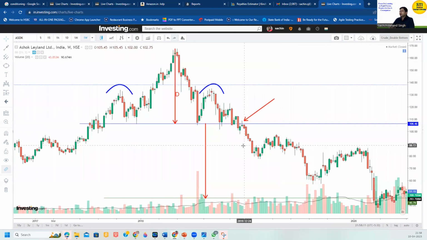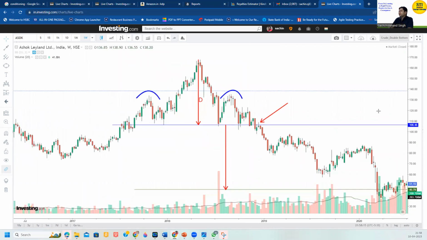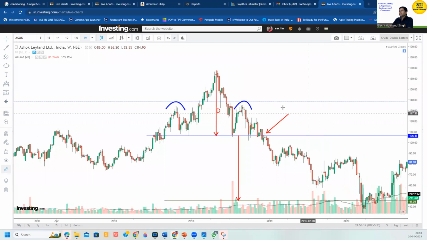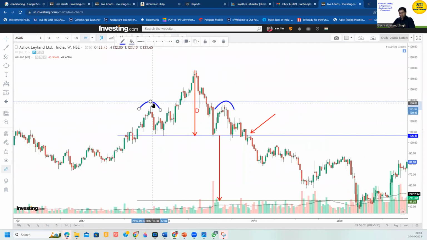I think we have largely covered this point, and I will just repeat myself once again. In a head and shoulder pattern, there will be the topmost point of the chart, which makes the head of the head and shoulder pattern. On the left and right, there will be two more high points, which make the left and right shoulders.